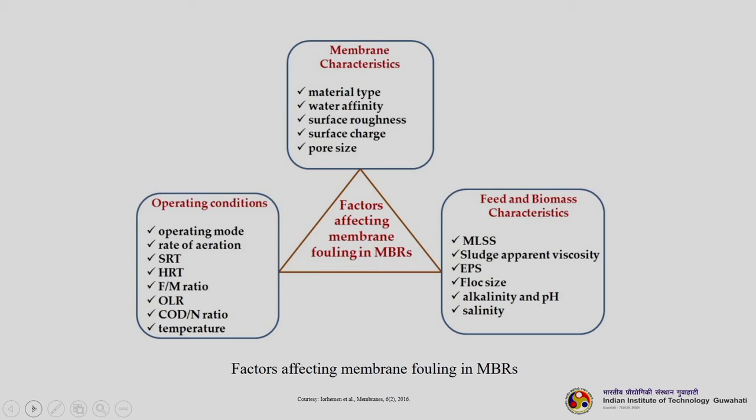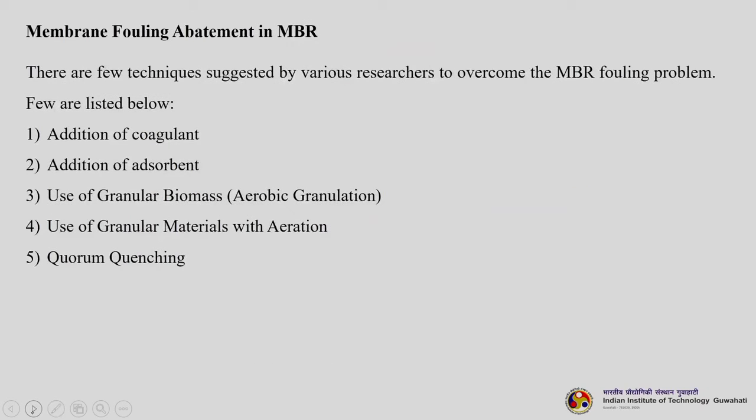Then feed and biomass characteristics: the MLSS, sludge apparent viscosity, EPS, floc size, alkalinity and pH and salinity. All of this, so you can understand there are so many different parameters that affect membrane fouling in the case of MBRs. So, how do you abate it, how do you reduce it? Though you cannot do away with it, you can reduce it, minimize it.